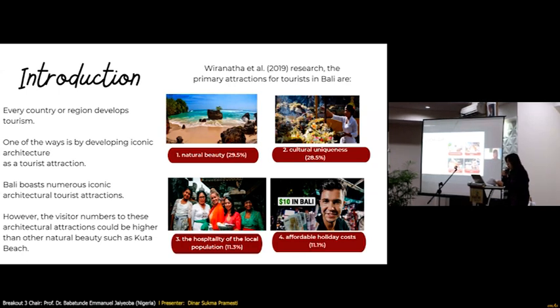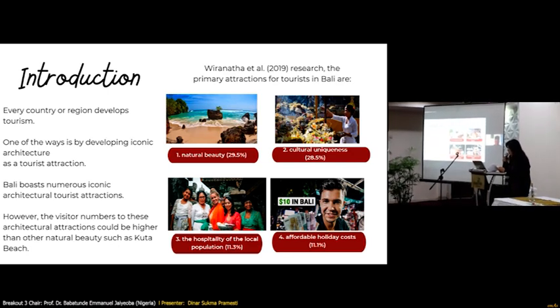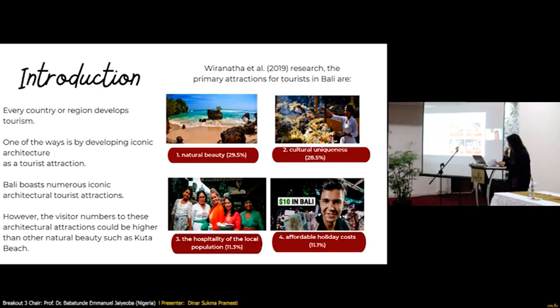Similarly, Bali also has many iconic architectural attractions. However, the number of visitors to these attractions is lower than to natural beauty like rivers, beaches, waterfalls, and so on.